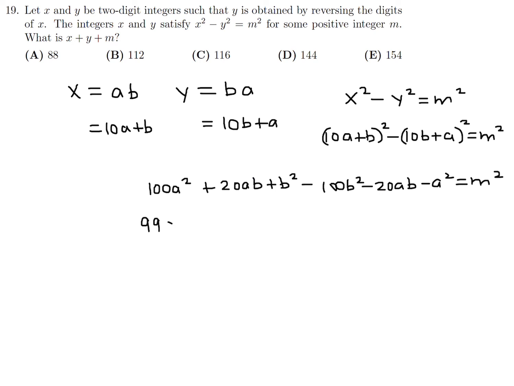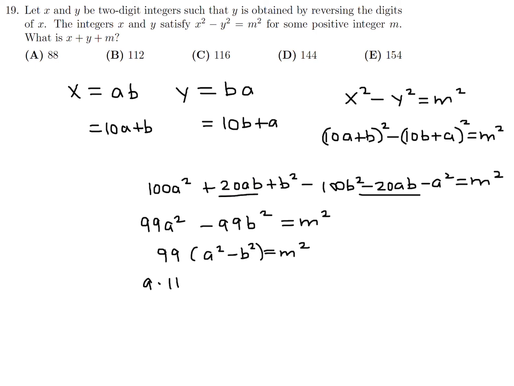So we've got 99a squared. The 20ab's cancel, and then 99b squared is equal to m squared. Factor out the 99, and then we got a squared minus b squared is equal to m squared. And let's see, more factoring, I think. 9 times 11, a minus b, a plus b. And I think that's about as far as we can go.